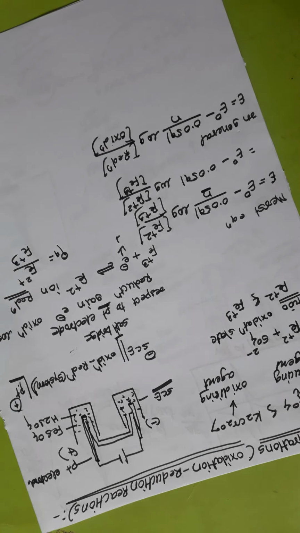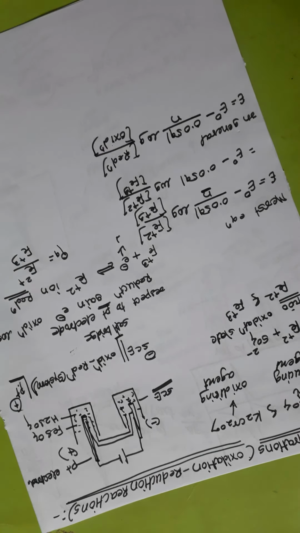Then how to carry out the experiment? Already you know the experiment: this beaker has FeSO4 solution and H2SO4. In this beaker there are Fe2+ ions and SO4 ions present.